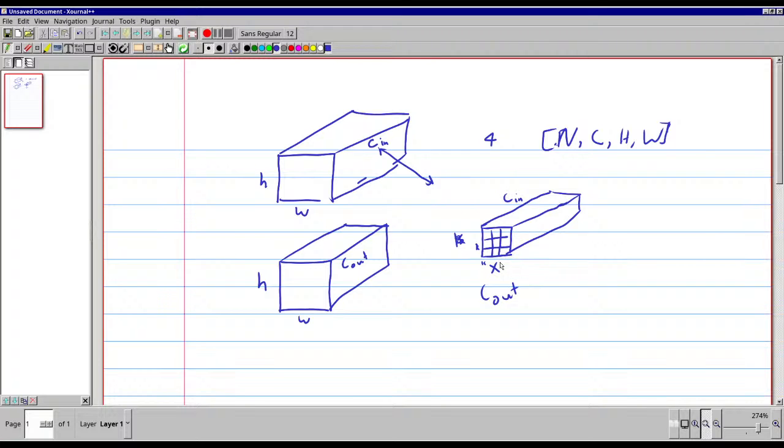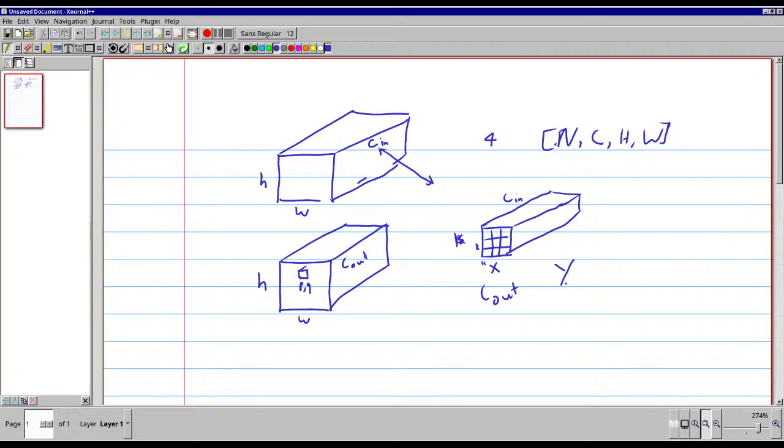So in the paper they describe the convolution operation. At the P, Q pixel, let's say these dimensions are P in the y-axis and Q in the x-axis.